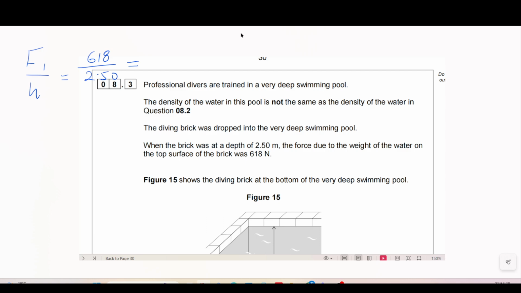This will give you force per meter depth, like in every meter depth, what is the force? Basically per meter. So if you solve it, you will get 247.2.